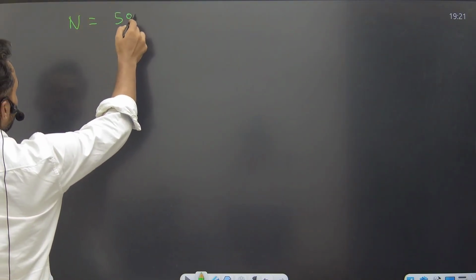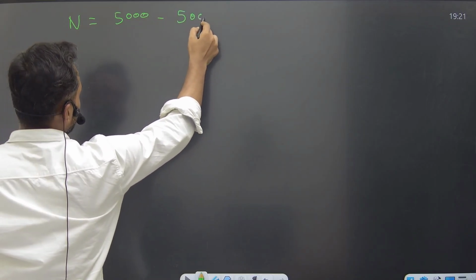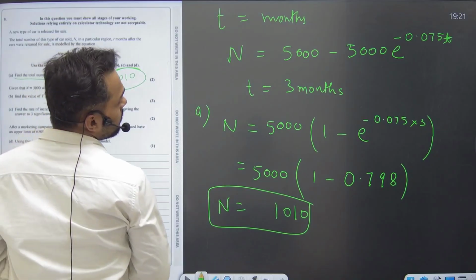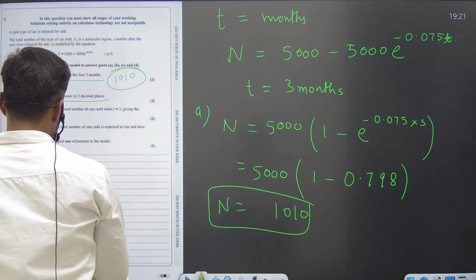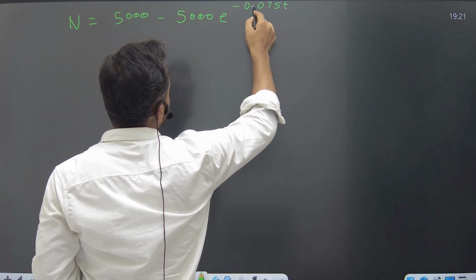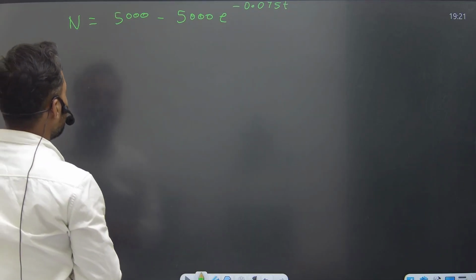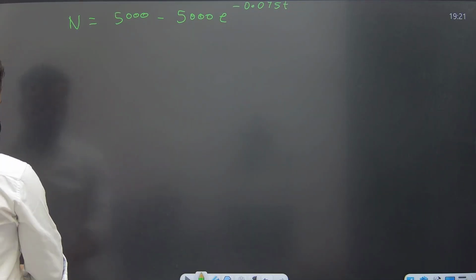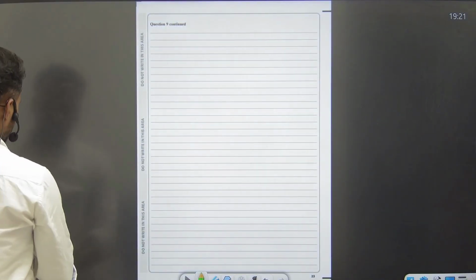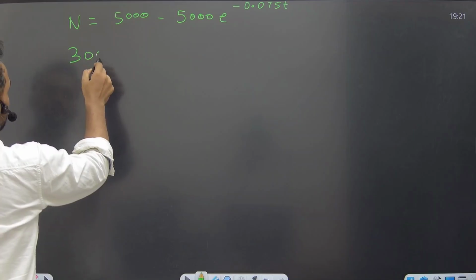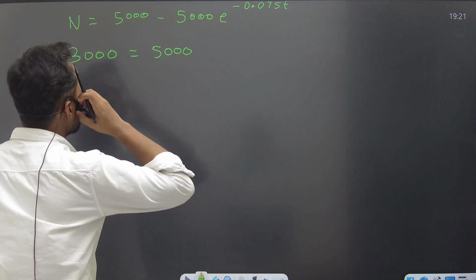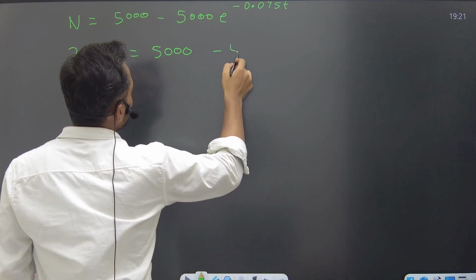That was 5,000 negative of 5,000 e raised to the power negative of 0.075 t. Okay, this was given in the expression in the question. So for n, now in the second part, n is equal to 3000. So 3000 equals 5000. We are just plugging the value of n equals 3000.